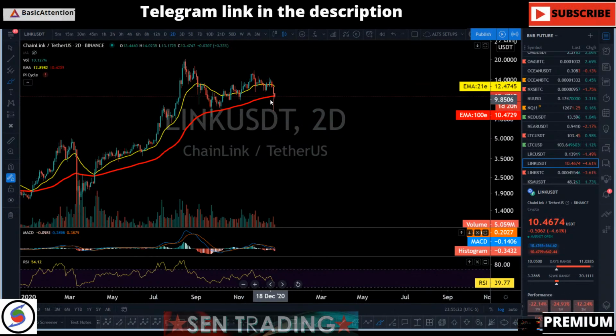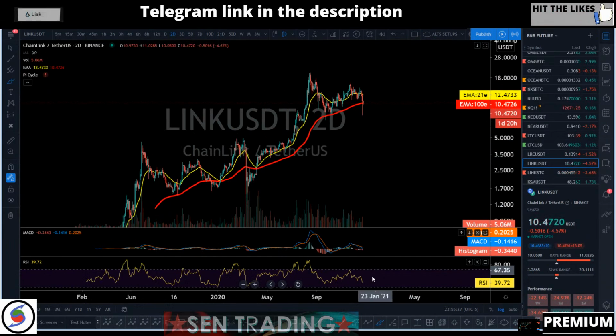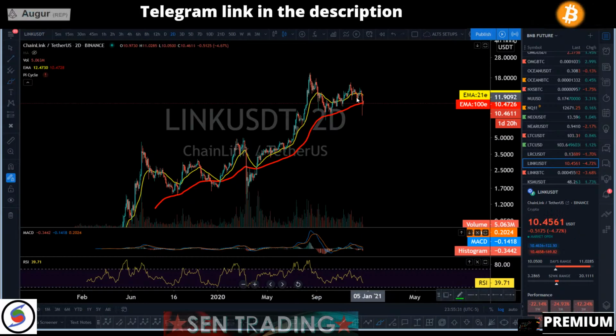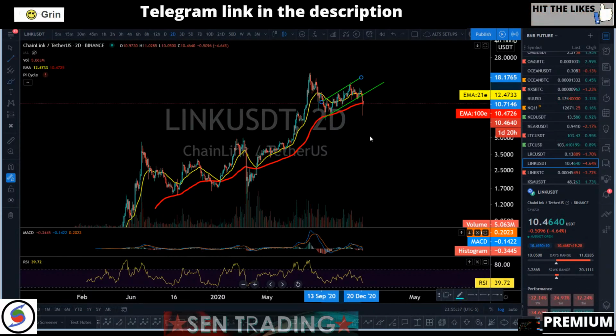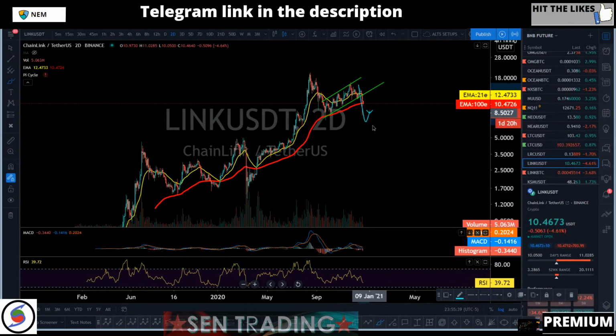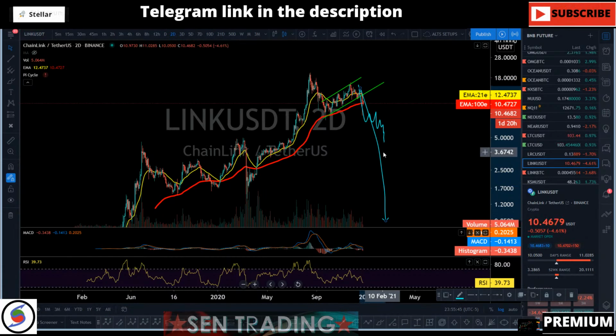Not sure if Link could be capitulating all the way down. The thing is, the move for Link, as I said earlier, is corrective, right? So the next move you're expecting to be impulse, even a one-to-one extension of the previous move.